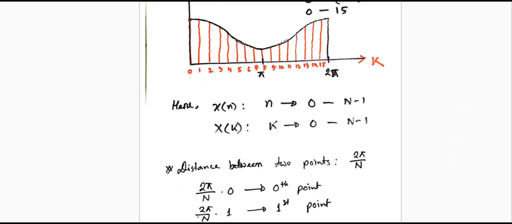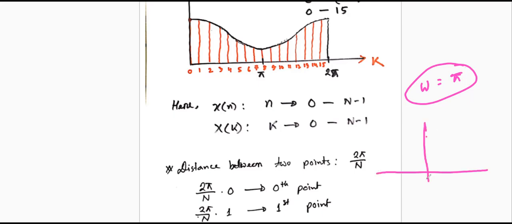If I ask you, at omega equals pi, what is the frequency? What is the actual frequency at omega equals pi, because we know that our spectrum is from minus pi to plus pi.